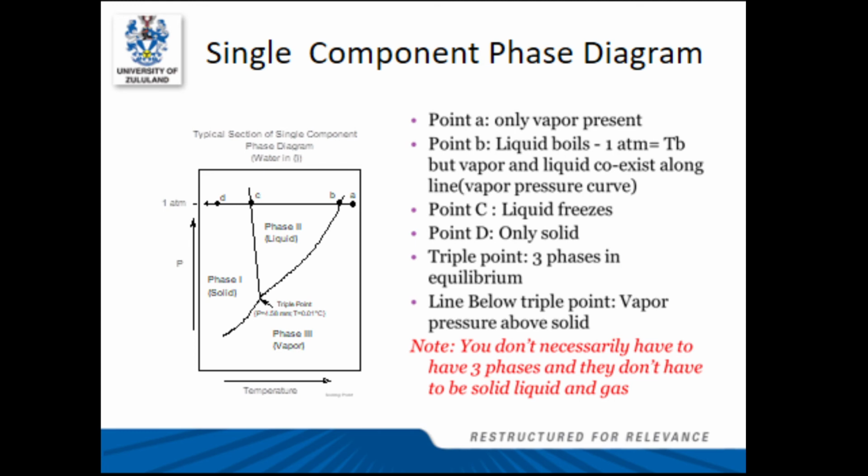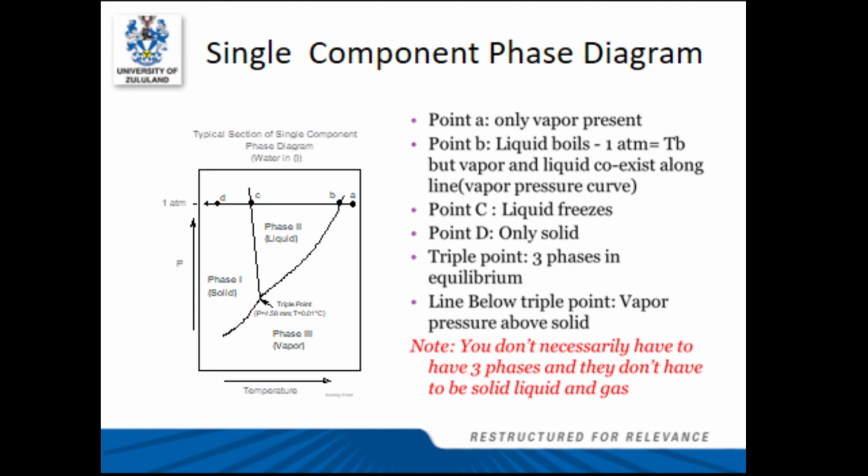So at point A, for water, that is where we only have the vapor present. If we start with water in solid form and keep on increasing the temperature, obviously we'll end up with water in the gaseous form, or as vapor. Hence at point A, the only phase that is present is the vapor.